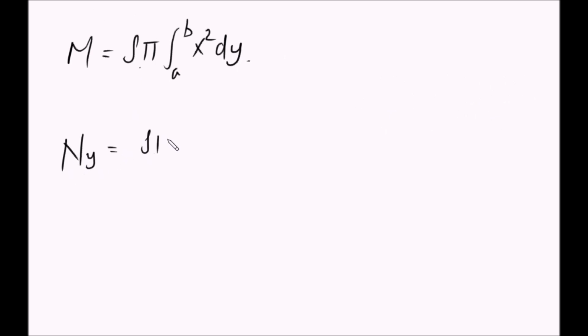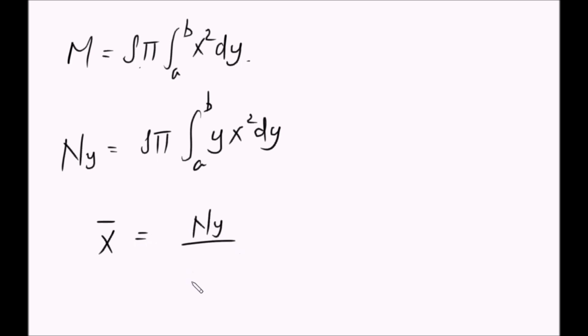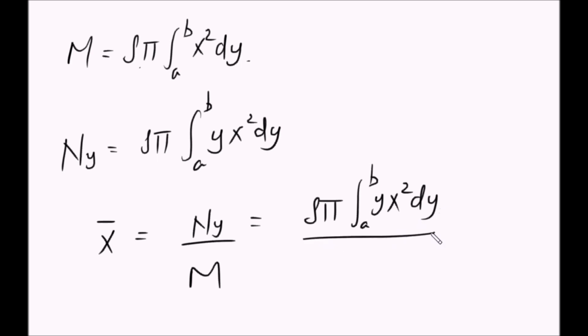So to get the y moment, unaichukua hiyo mass, unaongeza hapa nini? Y. So a center of mass now is going to be hiyo y moment over mass. So it's just going to be huyu from a to b yx squared dy over from a to b x squared dy.